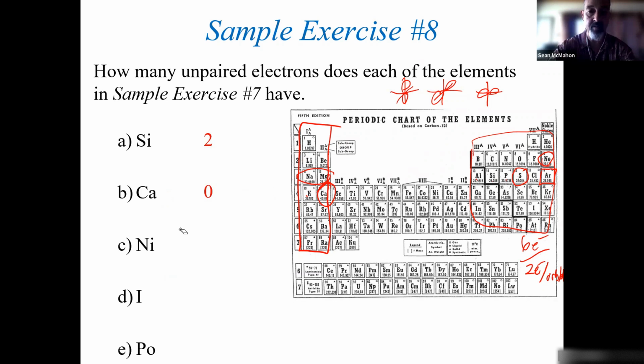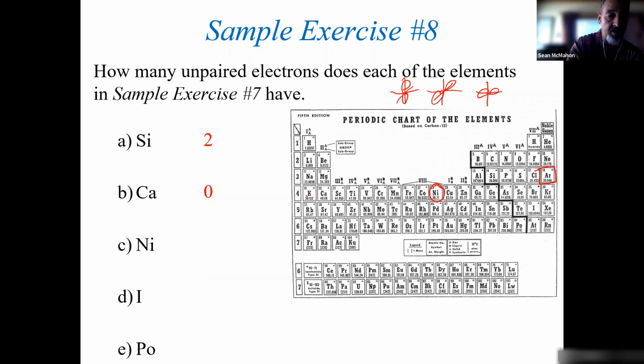What about nickel? Do we remember what nickel was? So here's nickel. Shortcut, we're going to do argon. Then we come down, we're going to have a 4s2, 3d, but how many? 1, 2, 3, 4, 5, 6, 7, 8.